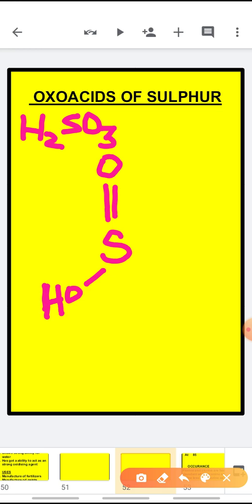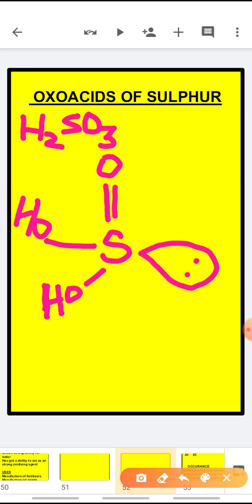So it will form a single bond with oxygen and hydrogen. Now you all know in sulfur's configuration 2 more electrons are left, so they will be present as a lone pair. So this is the structure of sulfurous acid, that is H2SO3. You should know how to draw these structures.